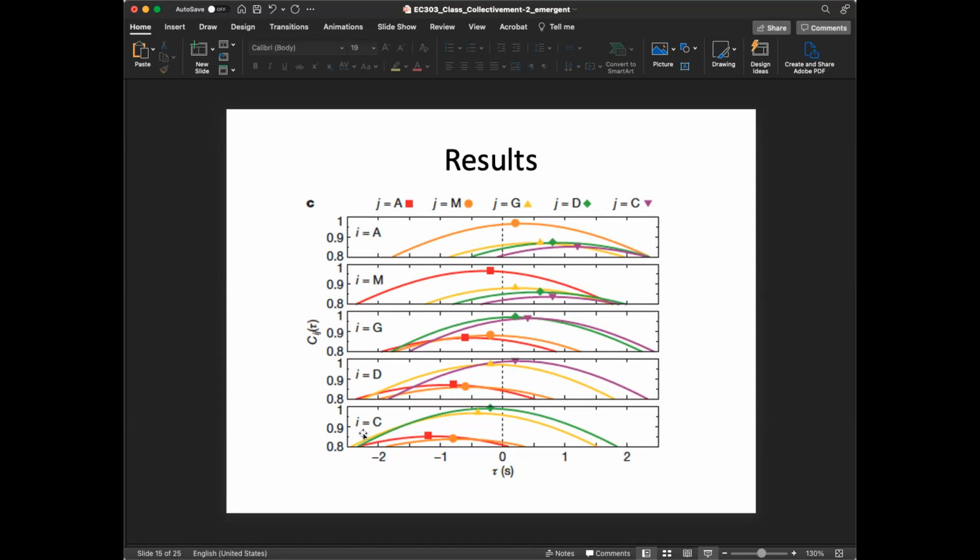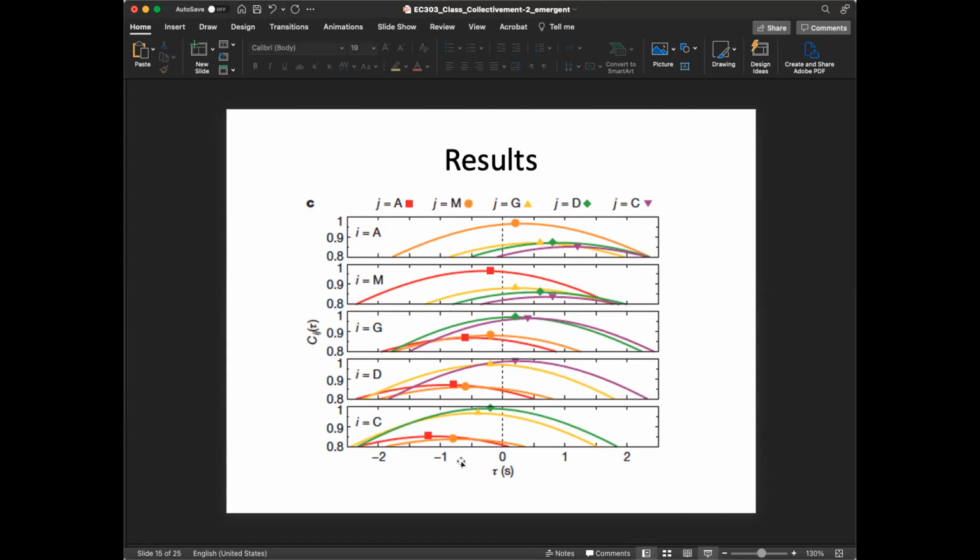Okay, and look at C. Because all the lags are negative, that means that C is following all of the 4. Okay, so that's the way to interpret this. And also look at the strength of the correlation on the y-axis. Of course, in the mathematical idealization, I showed that you reach a maximum of 1, but that doesn't always happen.